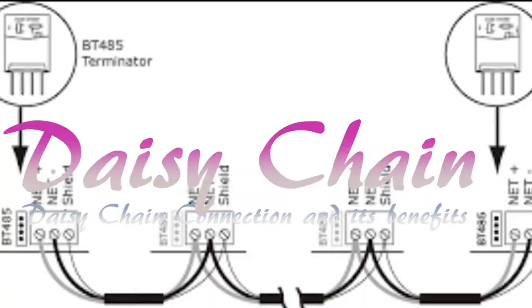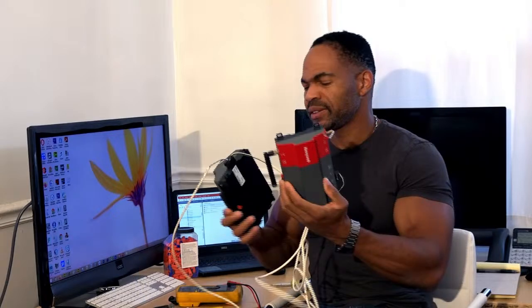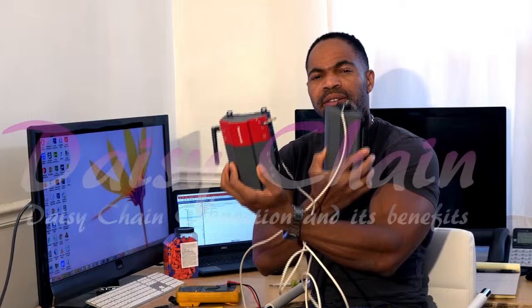What is a daisy chain connection? Let's say we have two devices. In this case, we have a RIO 34.